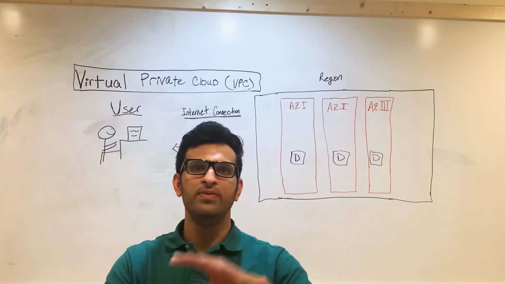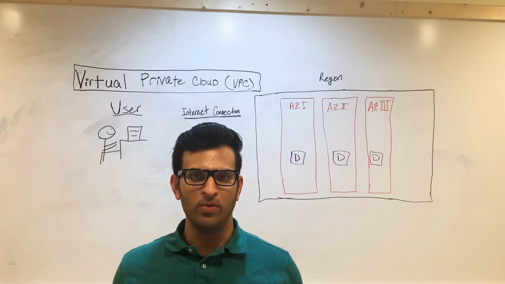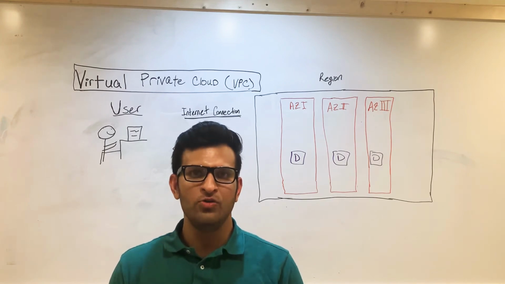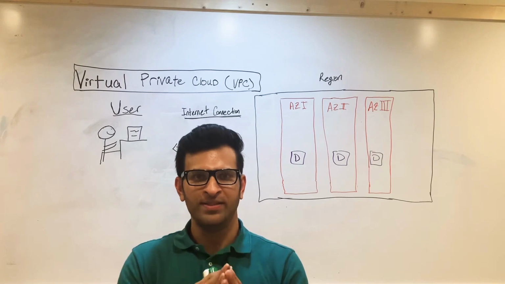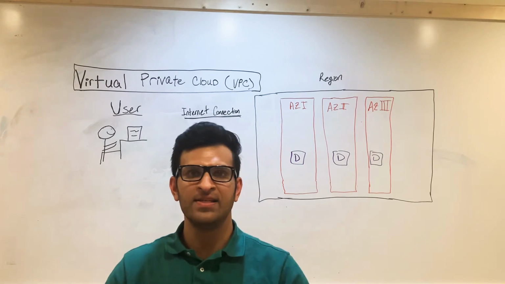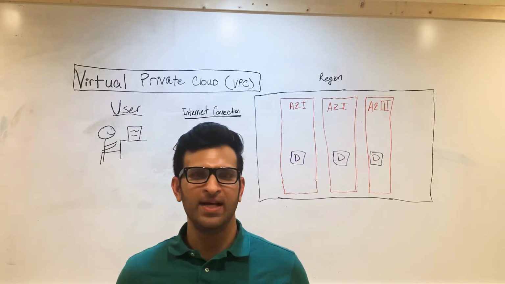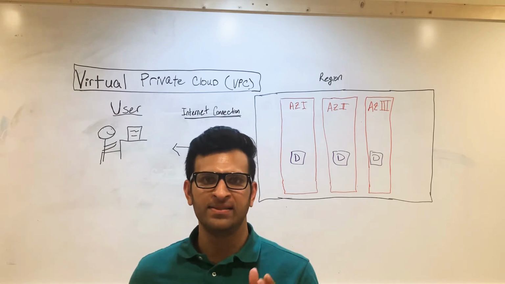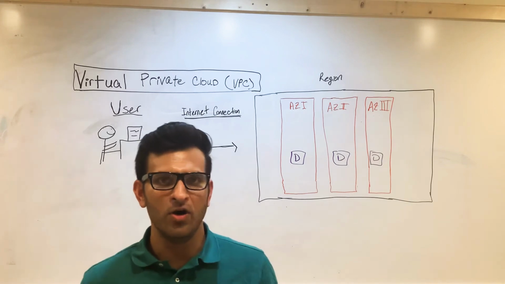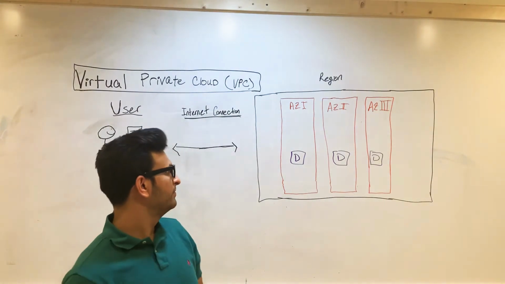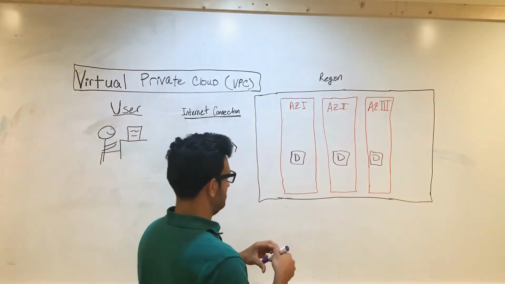Facebook is this one thing, right? But when you make your profile, you have your own Facebook page, your own profile, right? It's just a piece of the entire Facebook, right? So that's what a VPC is. It's just a piece of the AWS cloud, right? And it's your very own private cloud.